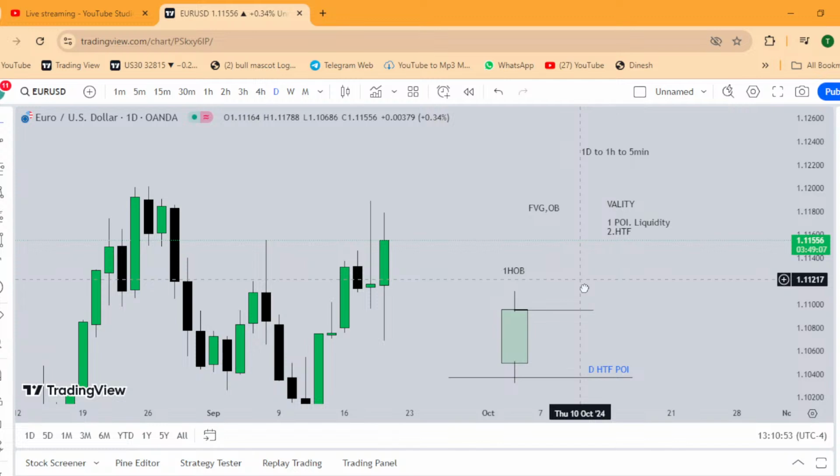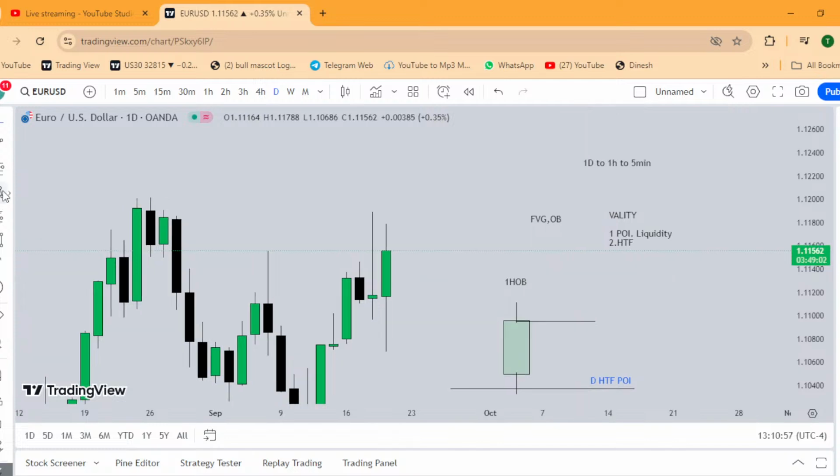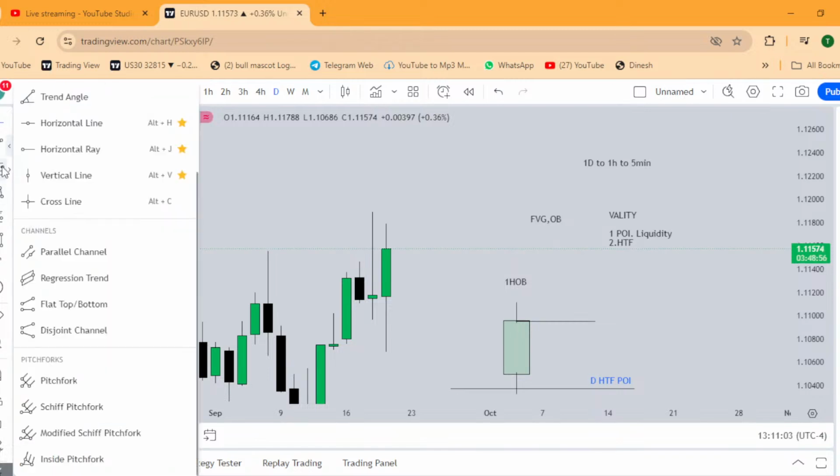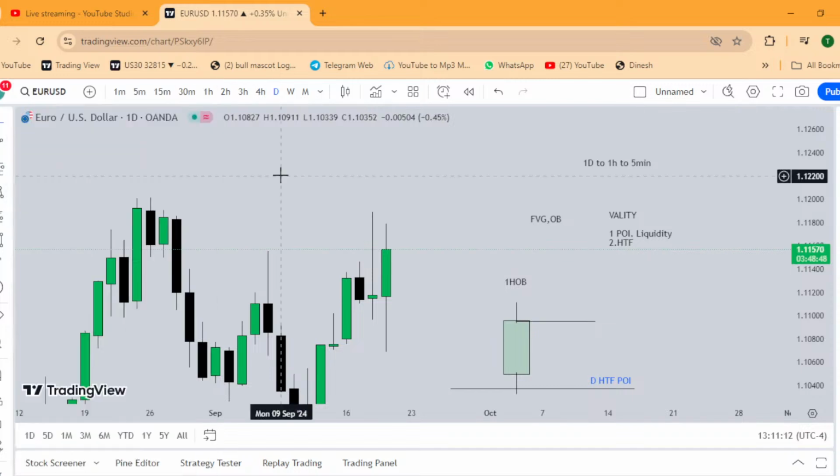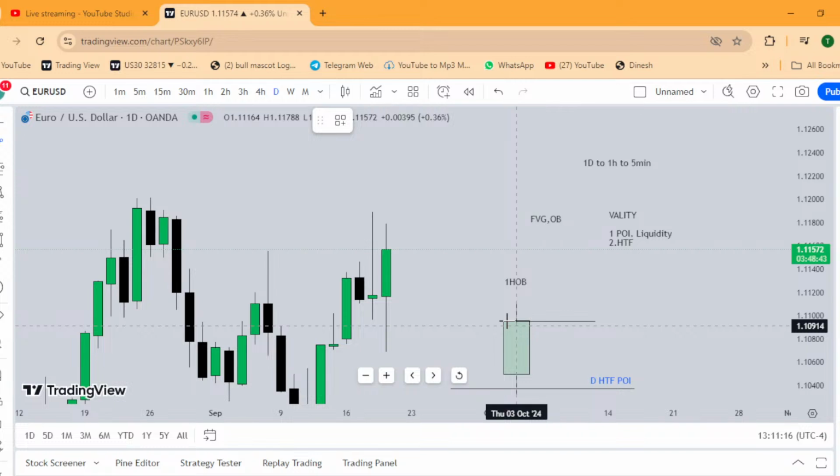So you realize that this particular candle is sitting on a zone, but price has been dropping down for quite some time.